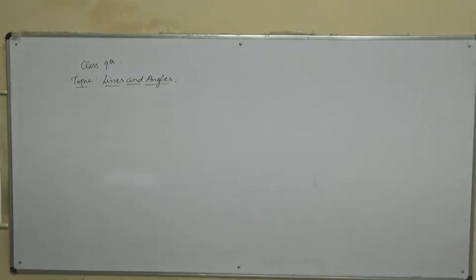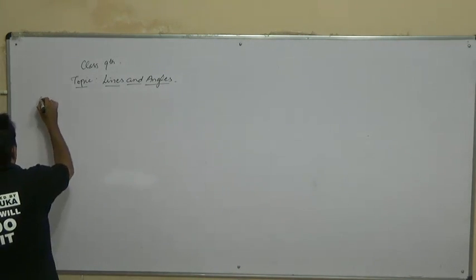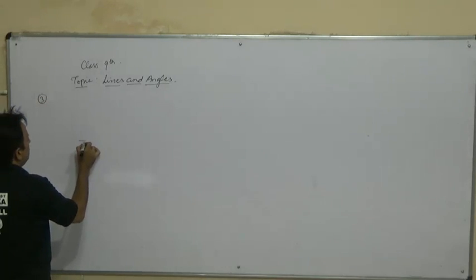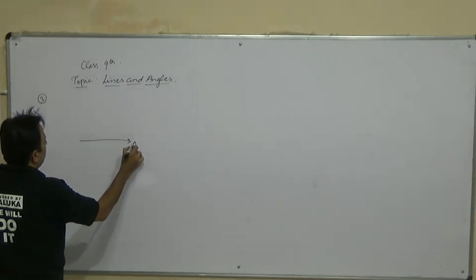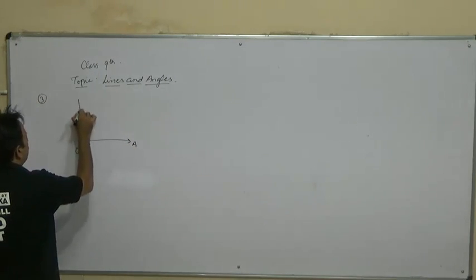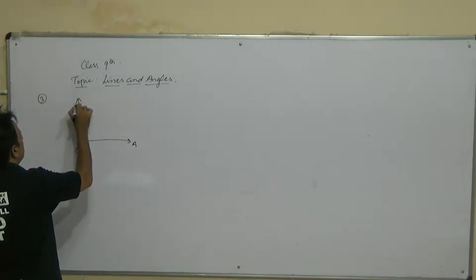So the next question is, third question: OA is this and OB is perpendicular to OA.